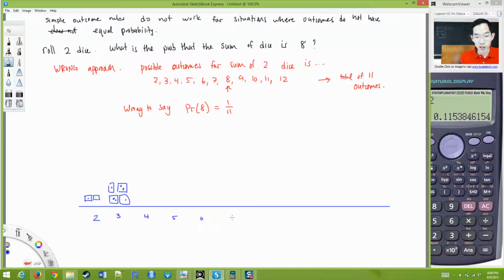You can look at all the possible combinations. And to get an 8, there are a total of 5 ways. I'm sure there's a picture of this somewhere on the internet that does a better job of what I'm doing here.